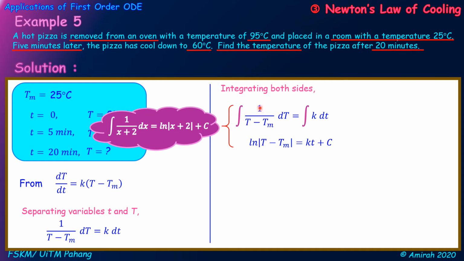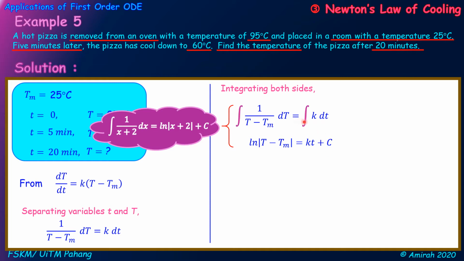Now we have integration of 1 over T minus Tm. Tm, temperature of room here, means constant. So the answer becomes ln of T minus the constant Tm, plus C, but we just put C on one side only.